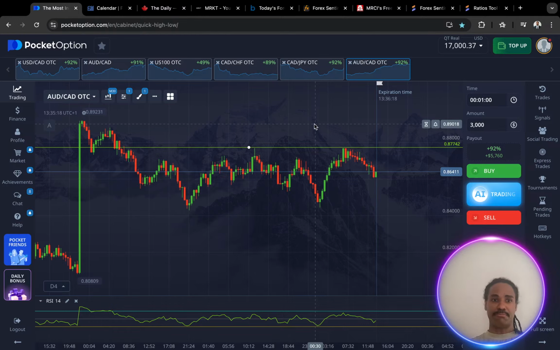Looking at my top Forex performers today, the US dollar is outperforming, along with the South African rand, Brazilian real, and Mexican peso. So we already see that the dollar is very strong here.